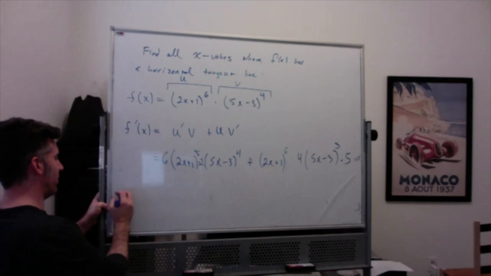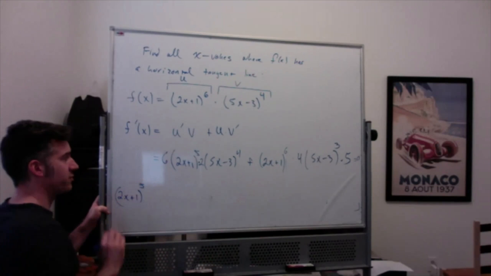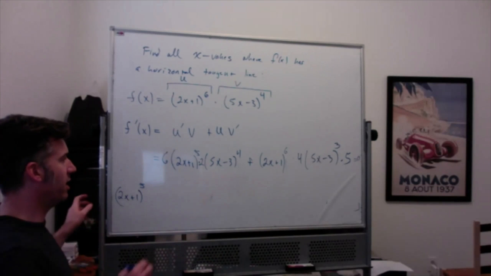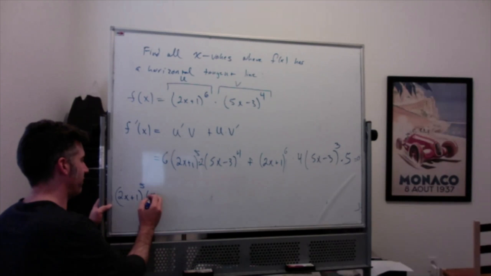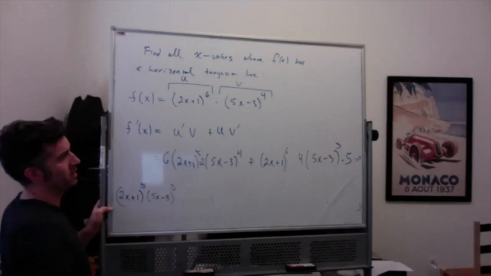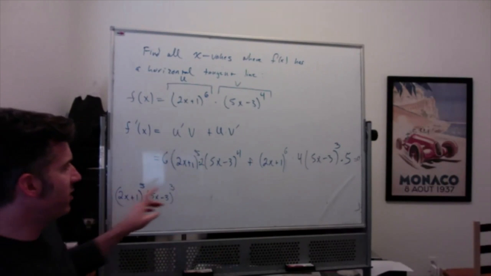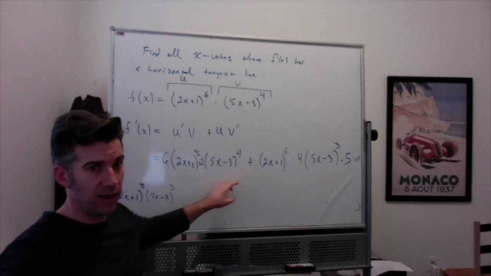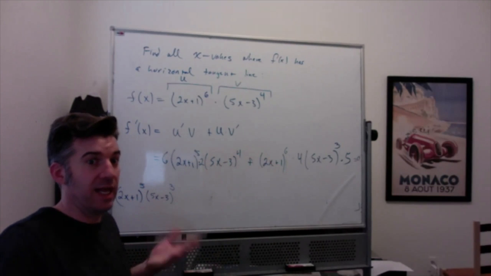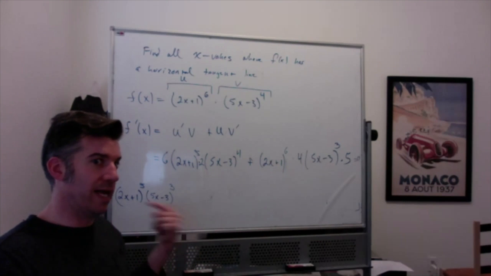So I can definitely factor out a (2x plus 1) to the 5th, because I got 5 of them there and 6 of them there. In a similar way, I could factor out a (5x minus 3) to the 3rd, because I got 3 of them there and 4 of them there. Essentially, if you've got things added together and the same factors to different powers, you can always factor out the lesser power, even if that lesser power is a more negative power.